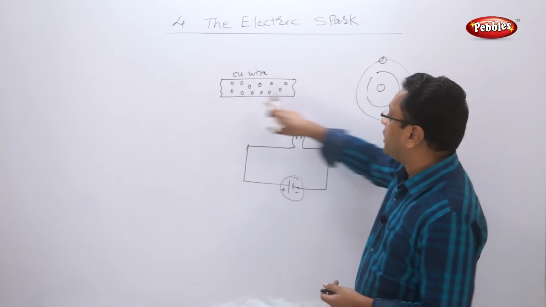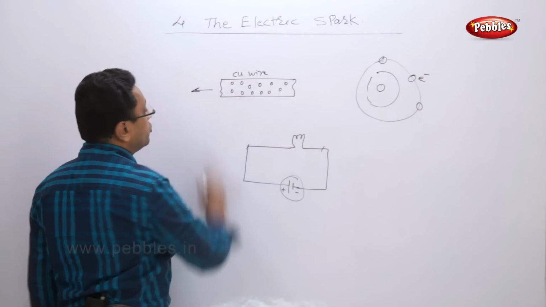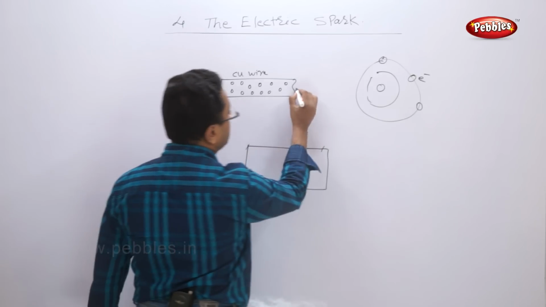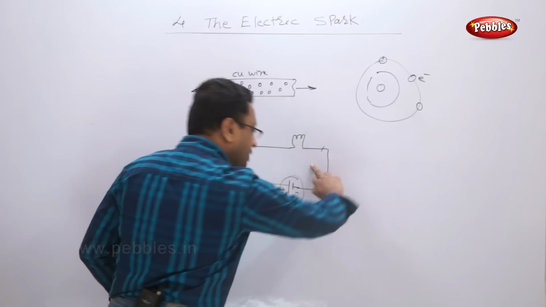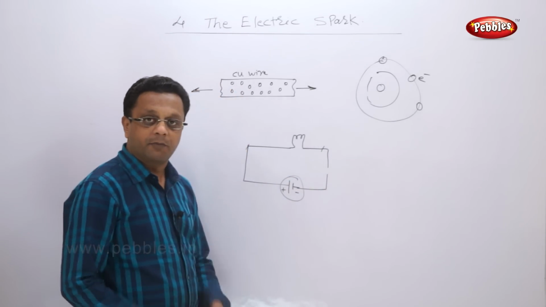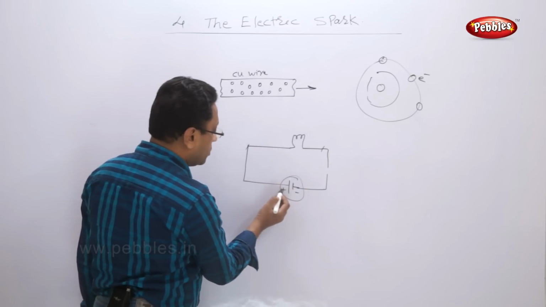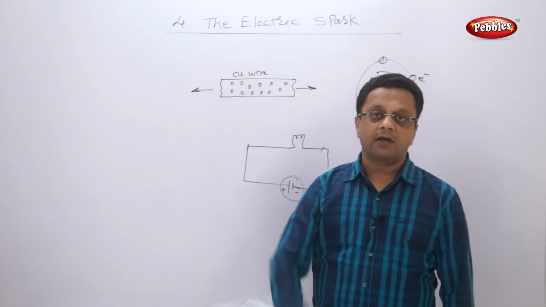In this case, from here the electron cannot move out. Even from this side, the electron cannot move out. So if I break this circuit here, what will happen? Even though there are positive and negative levels, still the current will not flow.